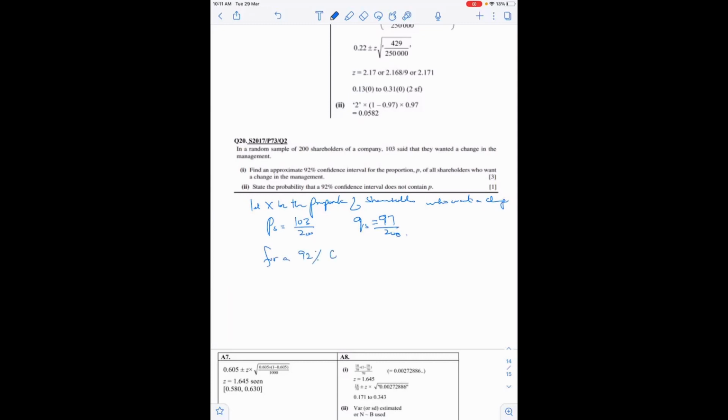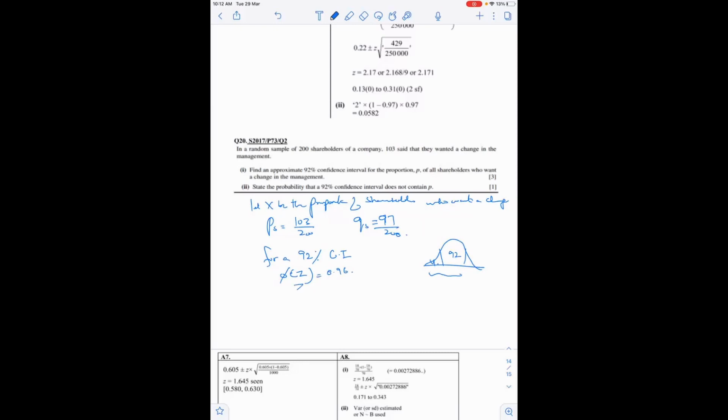For a 92% confidence interval, phi of Z is going to be 92, 100 minus 92 is 8, so this is 0.96.